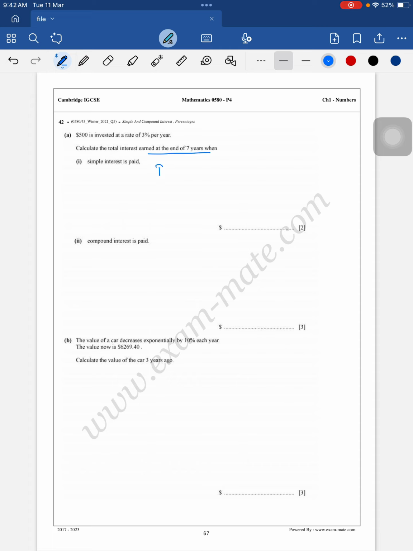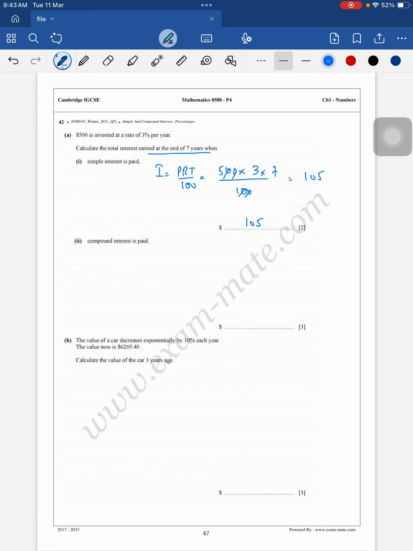I is equal to PRT upon 100. So principal is $500, rate is 3%, time is 7 years, upon 100. So 0 gets cancelled with 0, 5 3s are 15, and 15 7s are 105. The interest which the person has earned is $105.